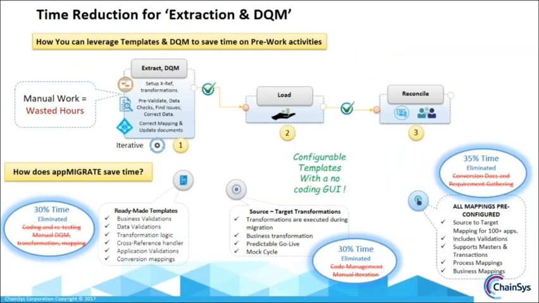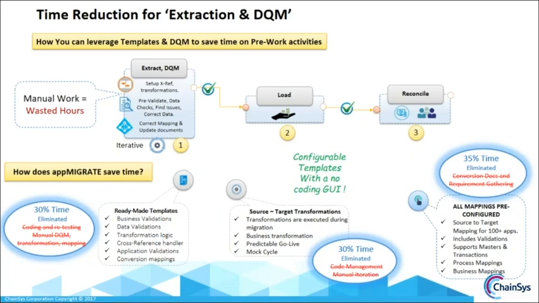So how is it that we save time in doing the data migration? Well, first, on the extract and data quality management, there's a lot of manual time that's spent for getting things set up in terms of setting up rules, setting up checks, setting up correct mapping and updating documents. This process is automated. We provide ready-made templates.